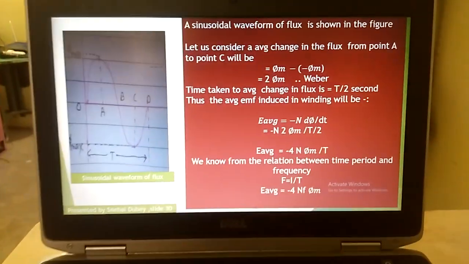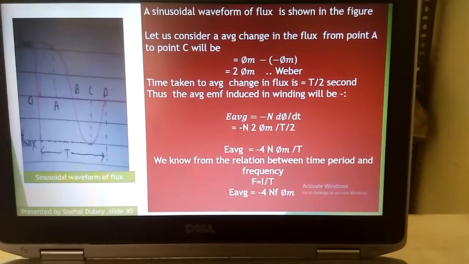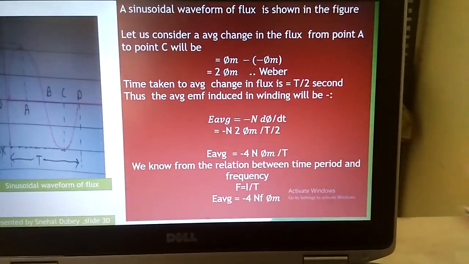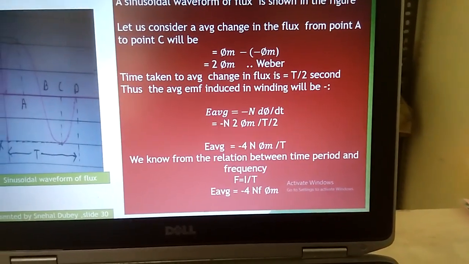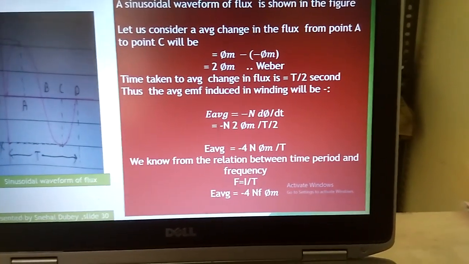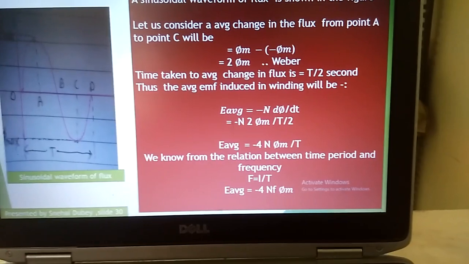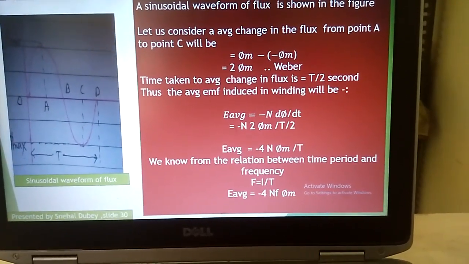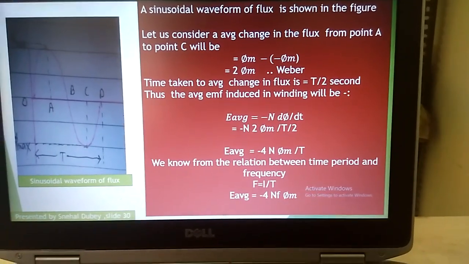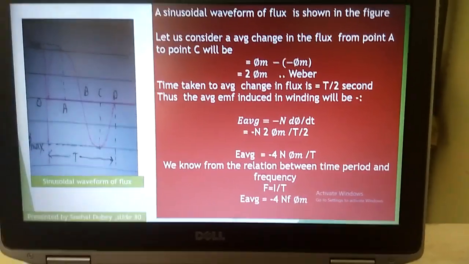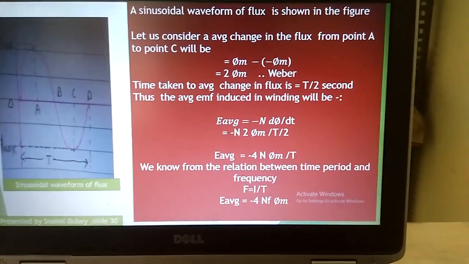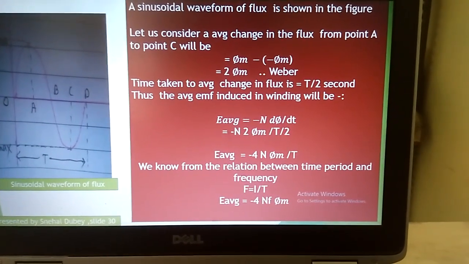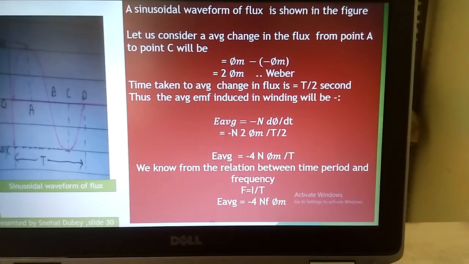So here is the derivation of the EMF equation of transformer. You can see a sinusoidal waveform of flux shown in the figure. Let us consider the average change in flux from point A to point C. At point A it is the maximum flux phi m, and at point C it is the maximum negative flux, minus phi m. From point A to C it decreases continuously, therefore the change is phi m minus minus phi m, that is 2 phi m.